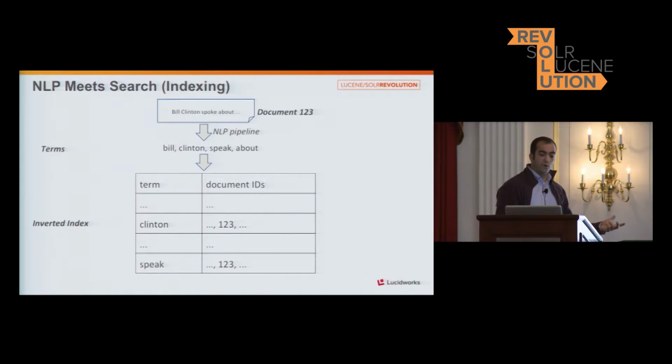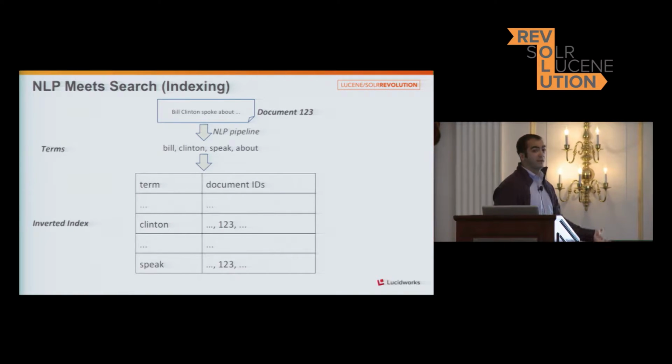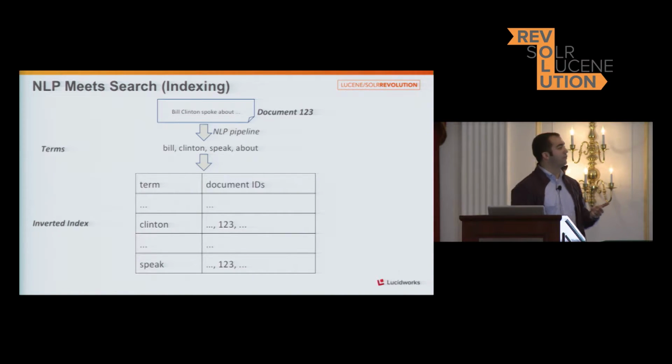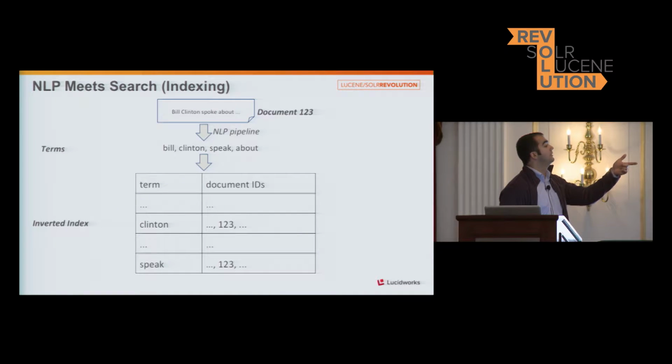And then, of course, on the indexing side, you have generally the same exact thing happening, and this is how you get recall and how you get words to match regardless of the form that they're in. So in this case, my document 123 that's down in my inverted index got there from a document that's Bill Clinton spoke about, blah, blah, blah.